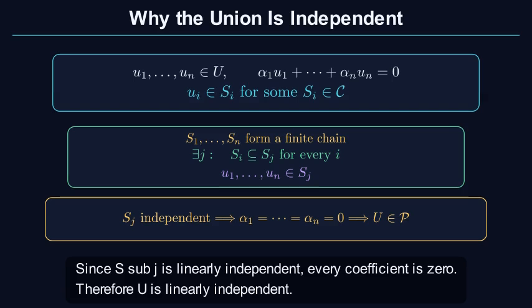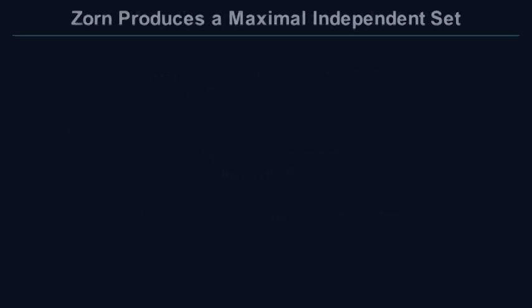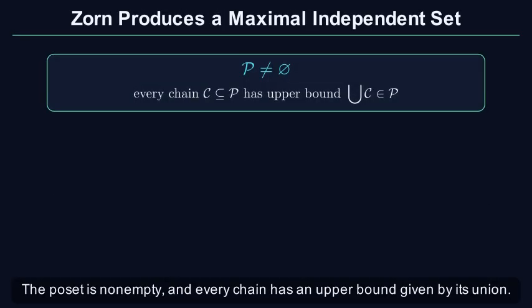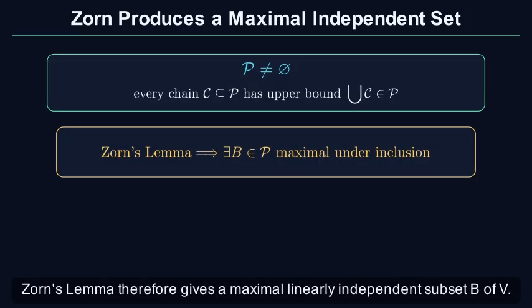Since S sub j is linearly independent, every coefficient is 0. Therefore U is linearly independent. Thus U belongs to P and is an upper bound of the chain, exactly as Zorn requires. The poset is nonempty, and every chain has an upper bound given by its union. Zorn's lemma therefore gives a maximal linearly independent subset B of V.